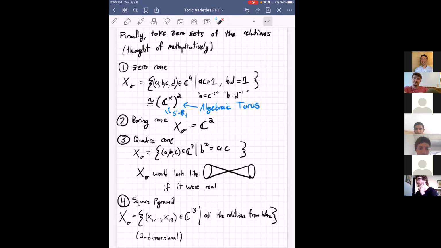Yeah, so two questions regarding this slide. First of all, the square pyramid: does this 3-dimensional thing look nice? Offhand, do you know what it is? It's 3-dimensional in the sense that it's locally 3-dimensional. I don't know what it looks like because it lives in 13 dimensions. Sure, my question was, do you know if there's some nice embedding of it into roughly 3 dimensions? I don't. I assume there's a lot of symmetry in that diagram we saw, so I would believe it if it could be embedded into something much smaller.